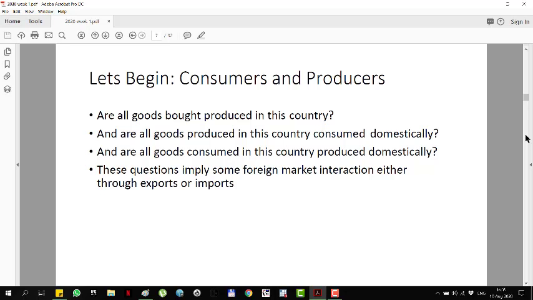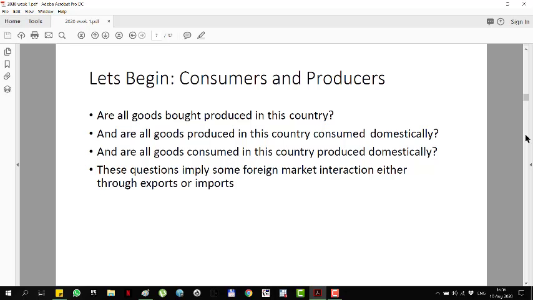So we look in terms of consumers and producers. Why is international trade important in this sense? If you look at country and all, everything that we consume, that we use in our household or wherever we may be, is that produced in our country alone?